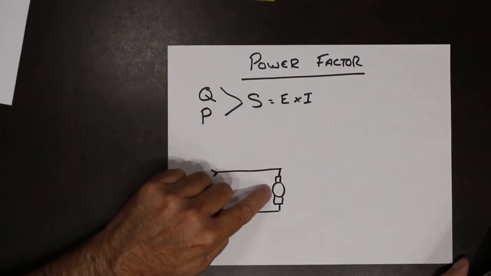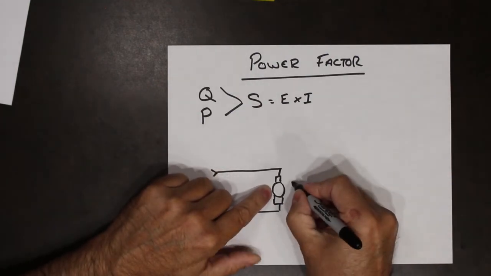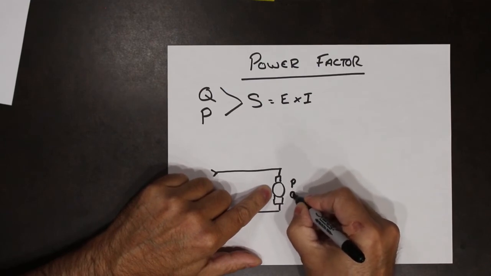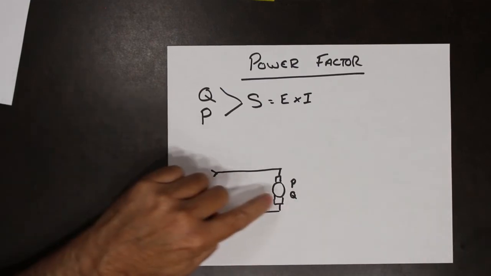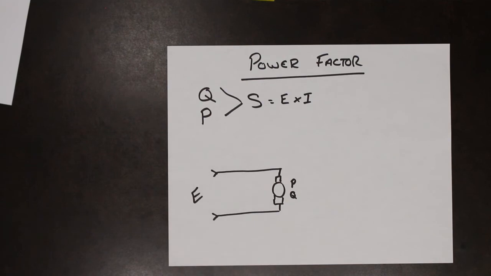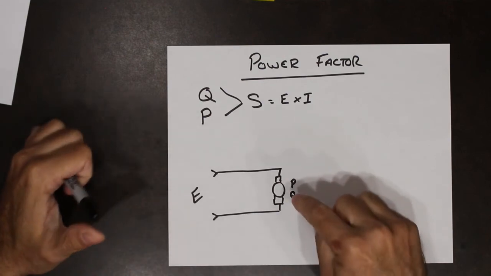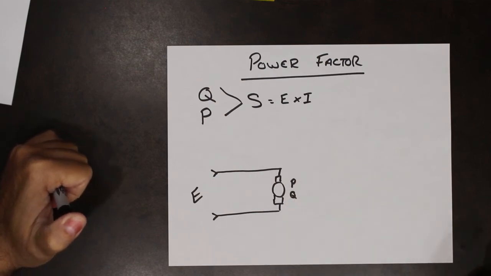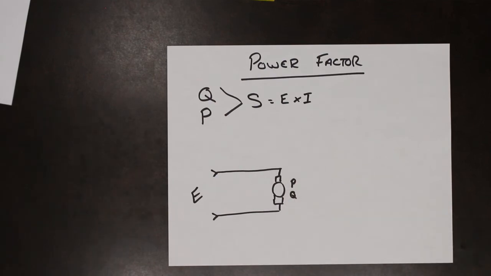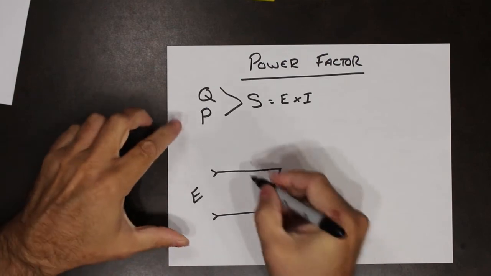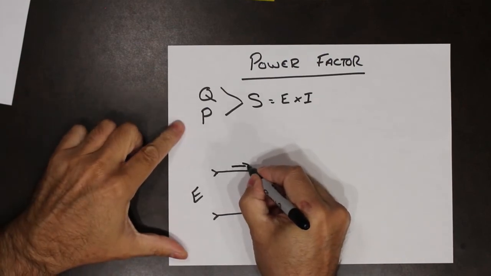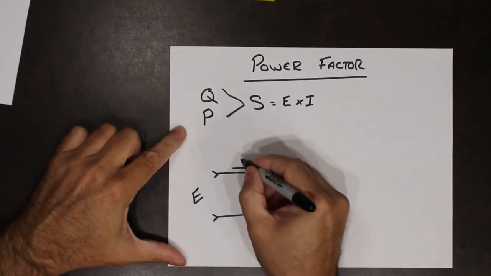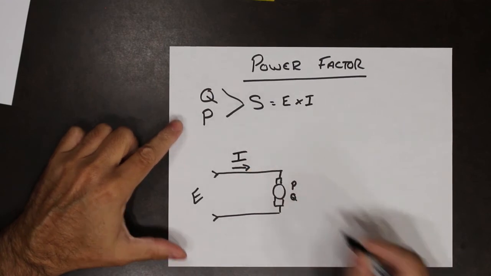That motor has P and Q because the motor itself is an inductive load. It also has resistance, so therefore there's some P and there's some Q. So therefore the current that is actually flowing to that machine is I.